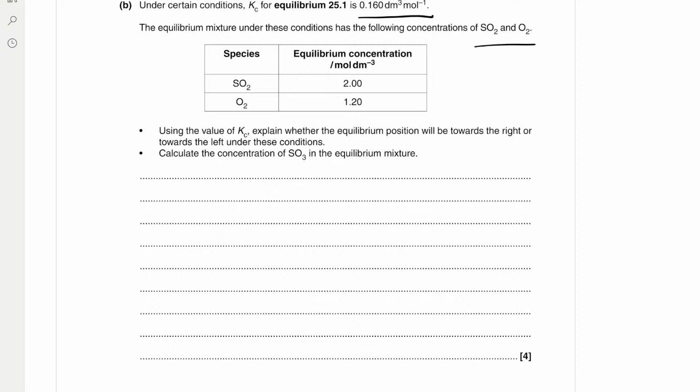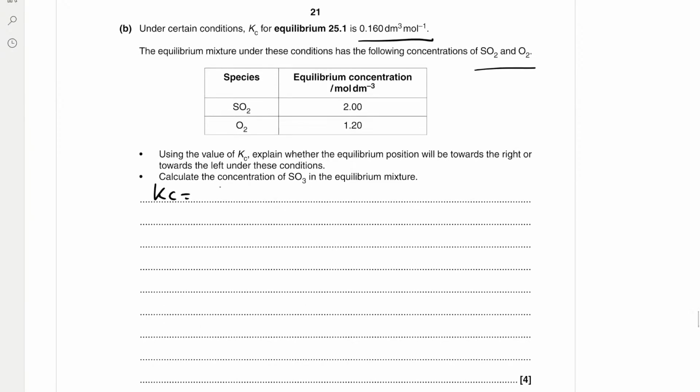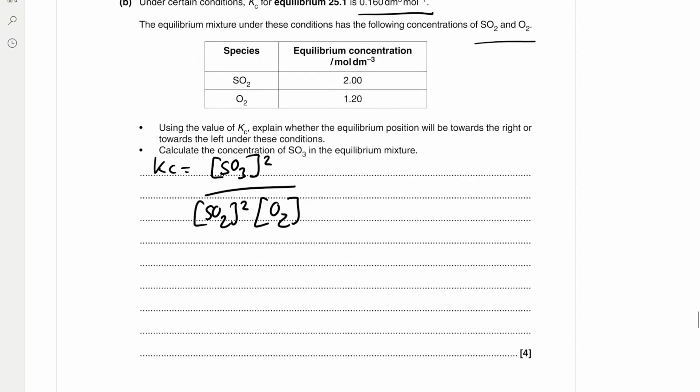So, our Kc expression, we'll write that first. Let's use our equation. We've got 2 moles of SO3, 2 moles of SO2, and 1 mole of O2. So our products on top, squared, and then SO2 squared and O2, reactants on the bottom. And then we can use the values that we've been given to calculate the concentration of SO3.